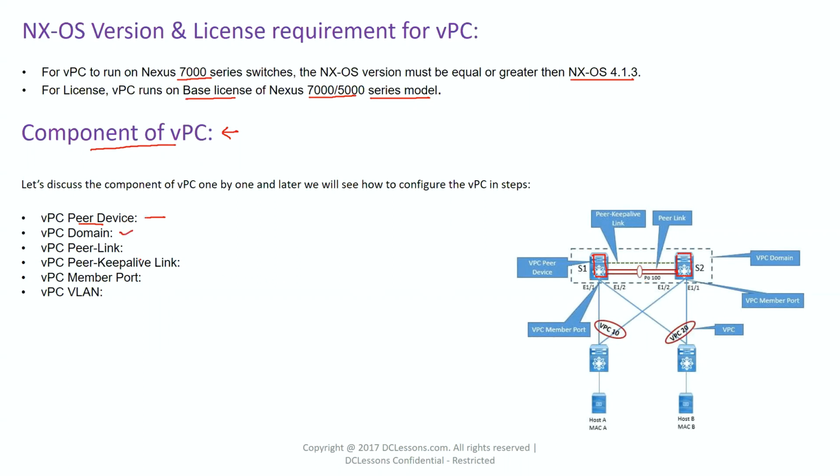In a VPC domain, a maximum of two Nexus devices are used to form the VPC domain, right? When we create a VPC domain, the virtual MAC address of these two VPC peer switches will be the same. So the VMAC of both peer switches will be the same.